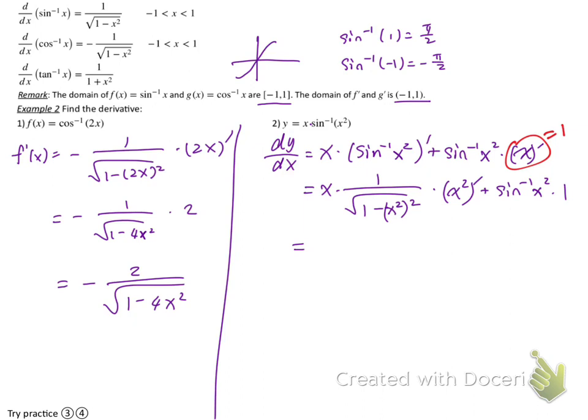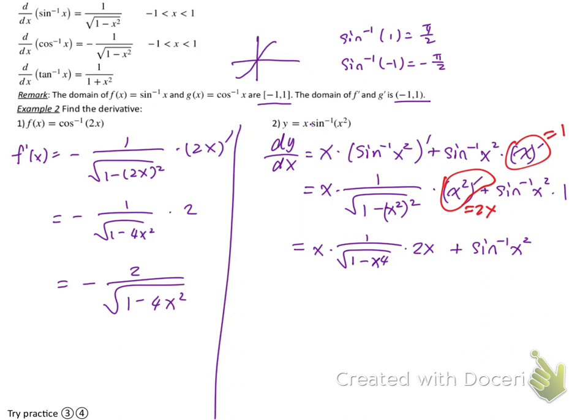The derivative of x squared is 2x. So you have x times 1 over the square root of 1 minus x to the 4th power, times 2x, plus anything times 1 is itself, so sine inverse of x squared.